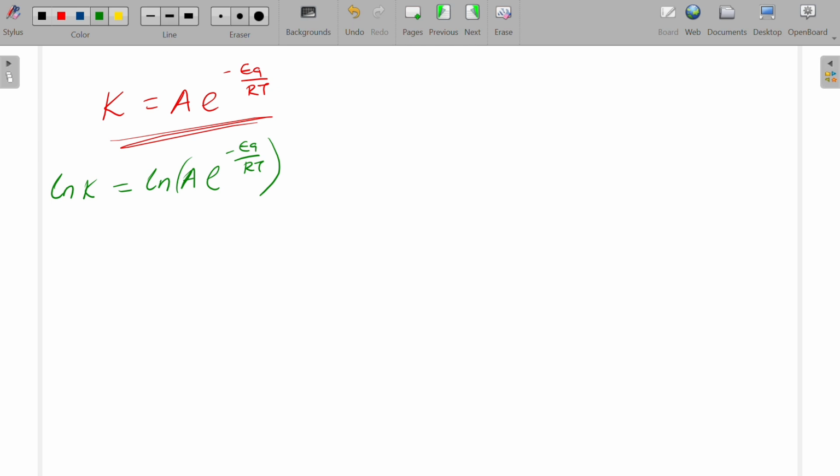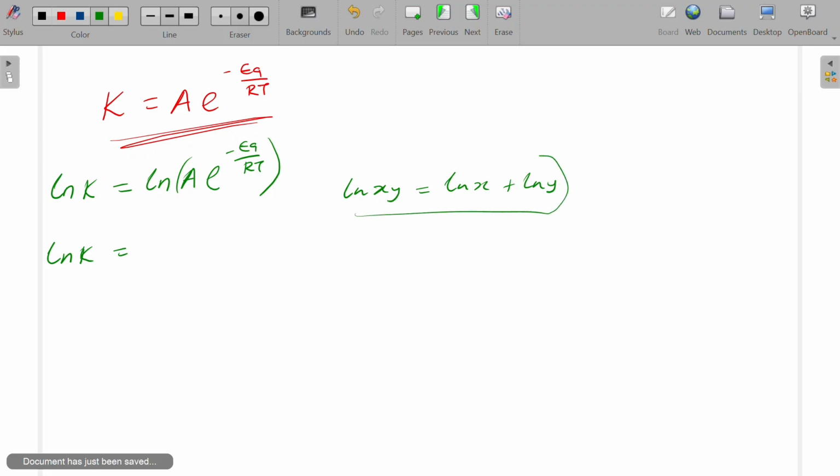After doing that, we have natural log of k being equal to, now if you have natural log of xy, this is the same as natural log of x added to natural log of y. This same concept is what we are going to use in this case.